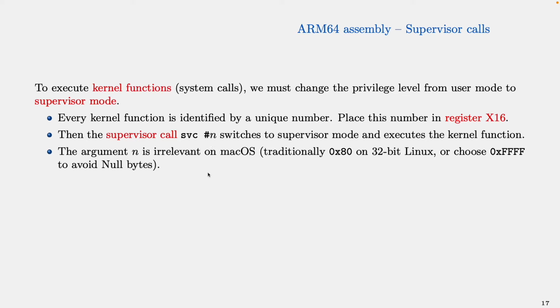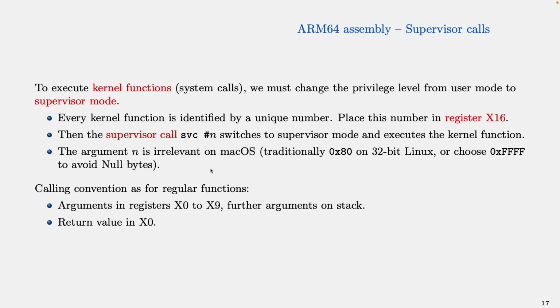But as I said, in principle, you can take any number you like. And the calling conventions for kernel functions or system calls are the same as for regular functions. The first 10 arguments are put into registers x0 to x9. Any further arguments go to the stack, and the return value is placed in x0.